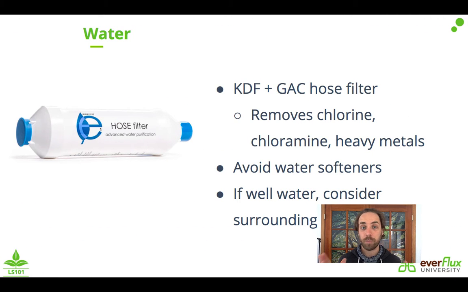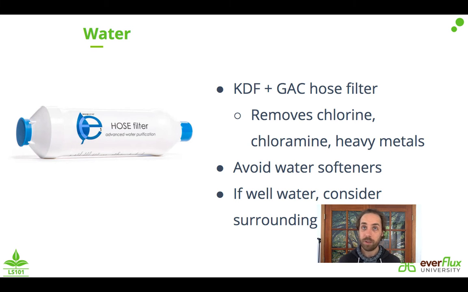Now, another really important consideration for water is filtration. So I talked a little bit about this earlier. In order to filter out contaminants, if you live in a city, you're most likely going to have chlorine, maybe even chloramine, which is a stronger, more long-lasting version of chlorine that is harder to remove from the water. And a lot of city waters can also have different levels of dangerous heavy metals.